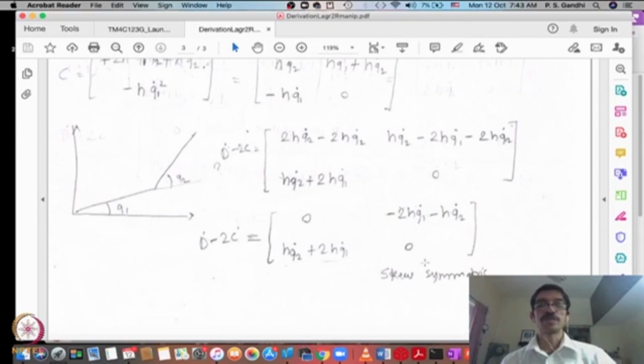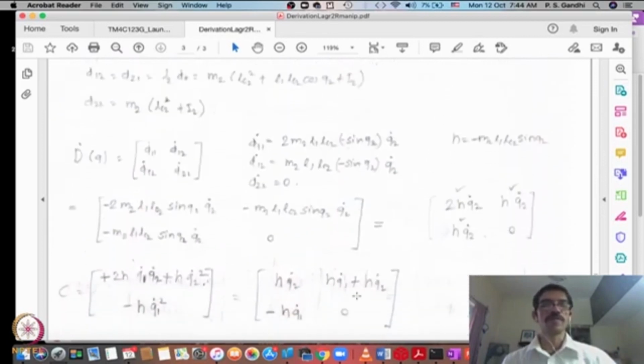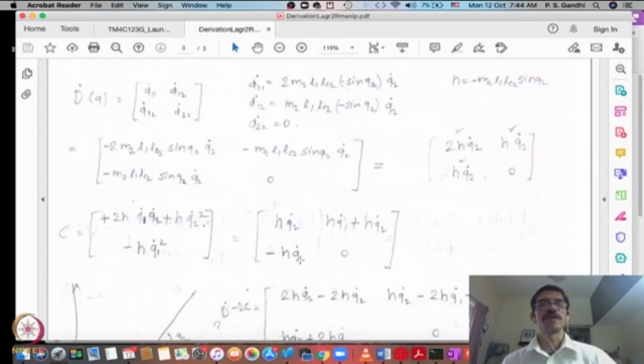So you should do it yourself starting from scratch and come to an understanding of this. It's very important, because many times you will need to do this kind of mathematical manipulation, using this D dot to make sure that C is expressed in such a way that D dot minus 2C gives you skew symmetry.